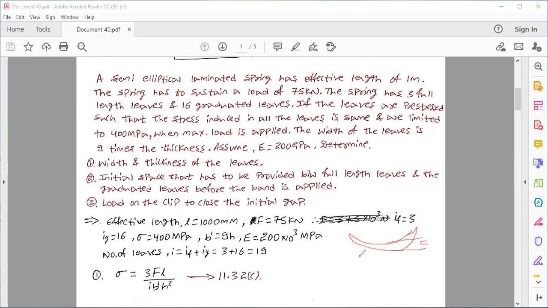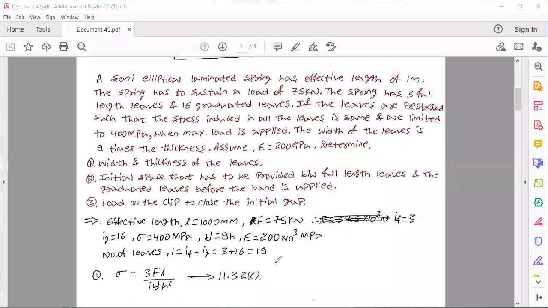You need to find out that C value. After that, the load on the clip to close the initial gap: how much load has to be applied on the clip to close that initial gap C.